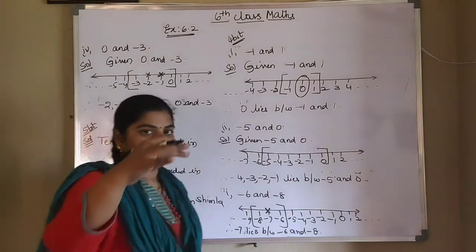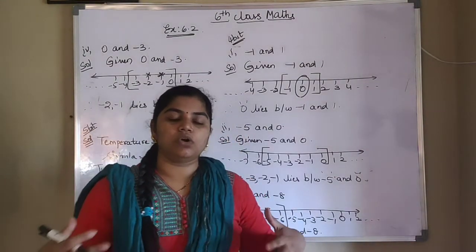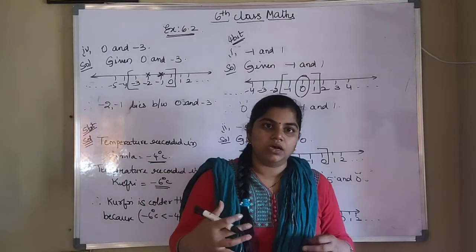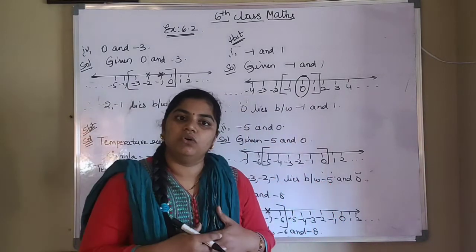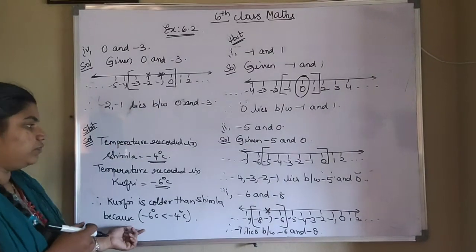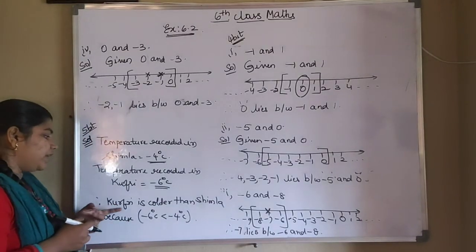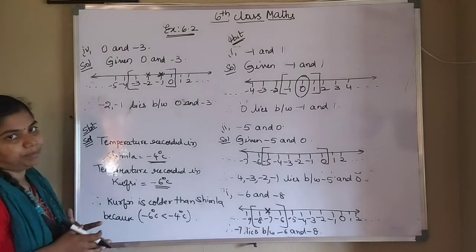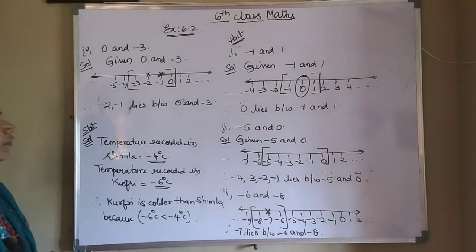So as the temperature is decreasing, the cold will be rising. Okay, the hot will be decreasing. So that's why here -6 degrees Celsius is less than -4 degrees Celsius. That's why we will tell Kufri is colder than Shimla. Okay, so this is our fifth solution.